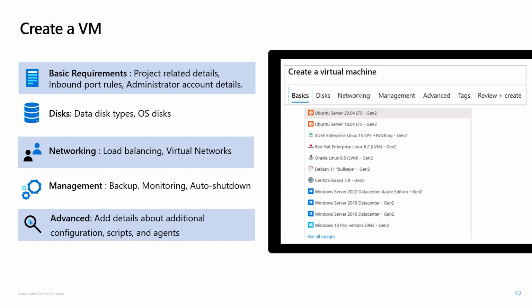Also understand the components that are required or optional for virtual machine creation or configuration. We have the ability to start out with some basic requirements like project details to include the subscription and any associated resource group you might map a virtual machine to. You absolutely need to choose an operating system for a virtual machine, either from the marketplace or through some other image deployment type. Know those.